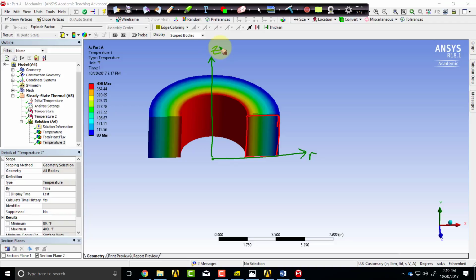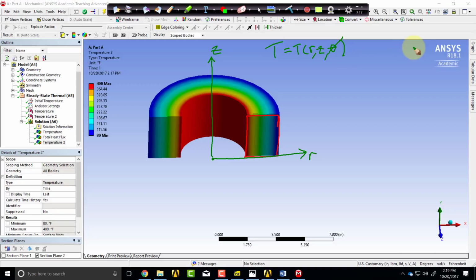I'll denote it as Z, as a lot of textbooks do. And so the temperature in this section is only a function of R and Z. In general, it can also be a function of theta, which is the circumferential direction, but we are assuming in the axisymmetric model that there's no variation in theta.